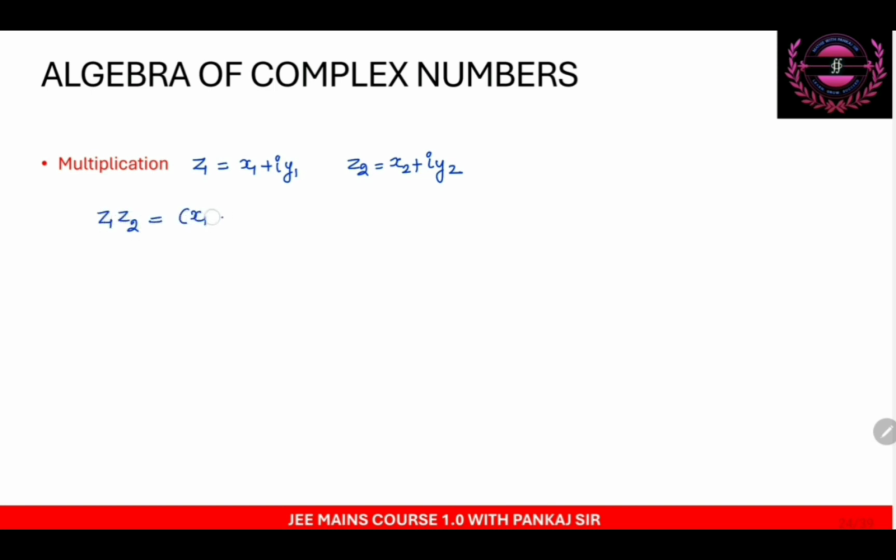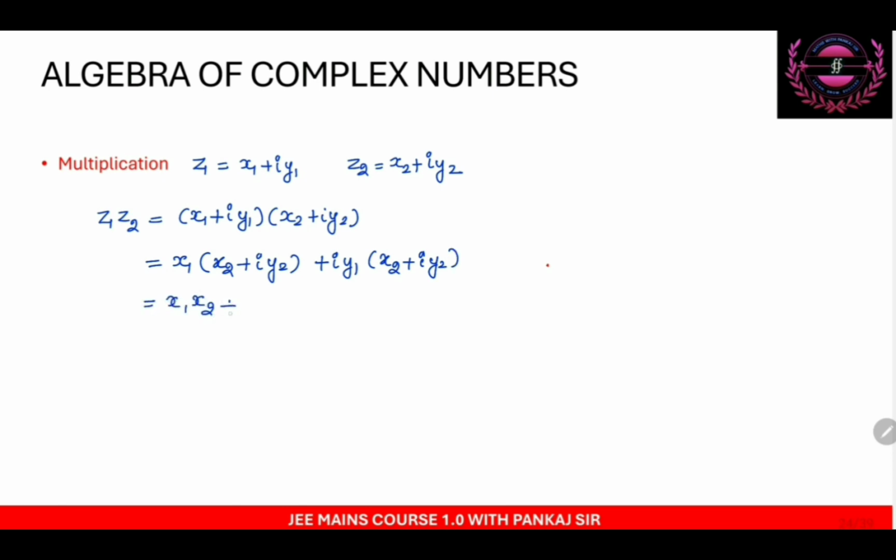Z1 z2 is x1 plus iota y1 times x2 plus iota y2, which gives x1 x2 plus iota x1 y2 plus iota y1 x2 plus iota square y1 y2.